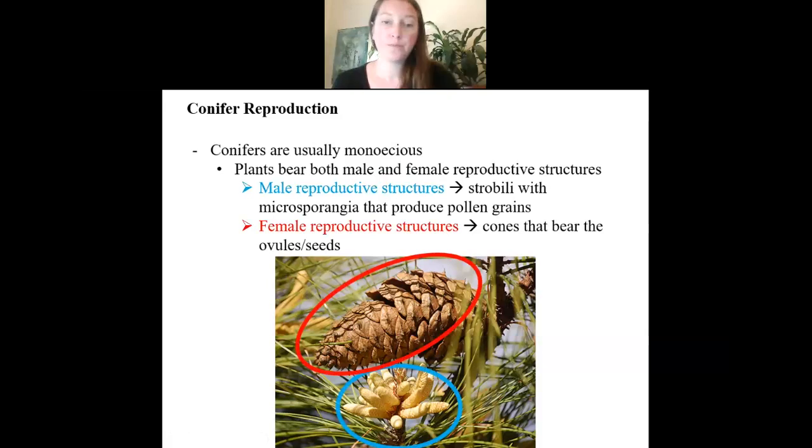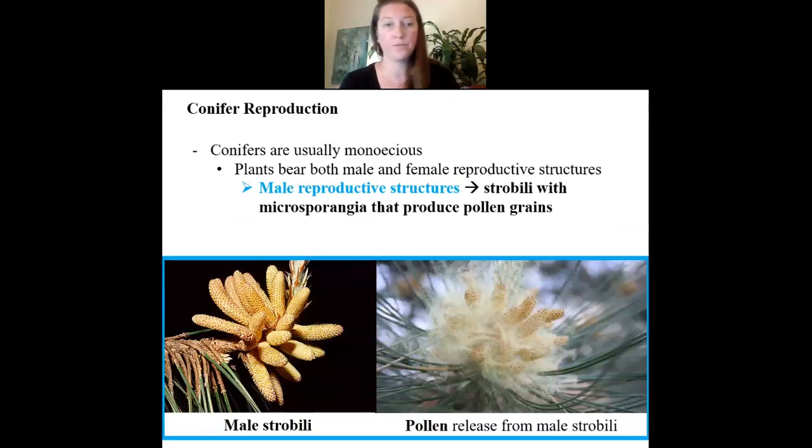Male reproductive structures on the bottom in the strobili, female reproductive structures in a cone. The strobili have on them the microsporangia, or the pollen sacs, that are going to release the pollen grains. So here is a picture of the strobili on the left. Look at all that pollen coming out on the right. They're going to release it into the wind.